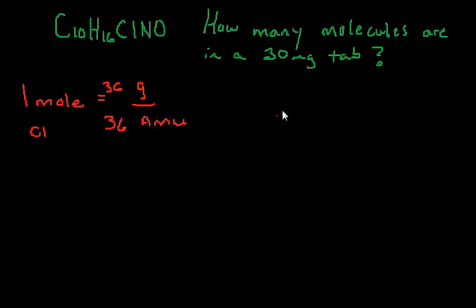But that's not it. It gets more complicated than that, unfortunately, because what's a mole? Well, like I said, a mole is just a number. It's a direct translation between grams and atomic mass units. But a mole is actually a number, and that number is Avogadro's number, and maybe you've heard of that.